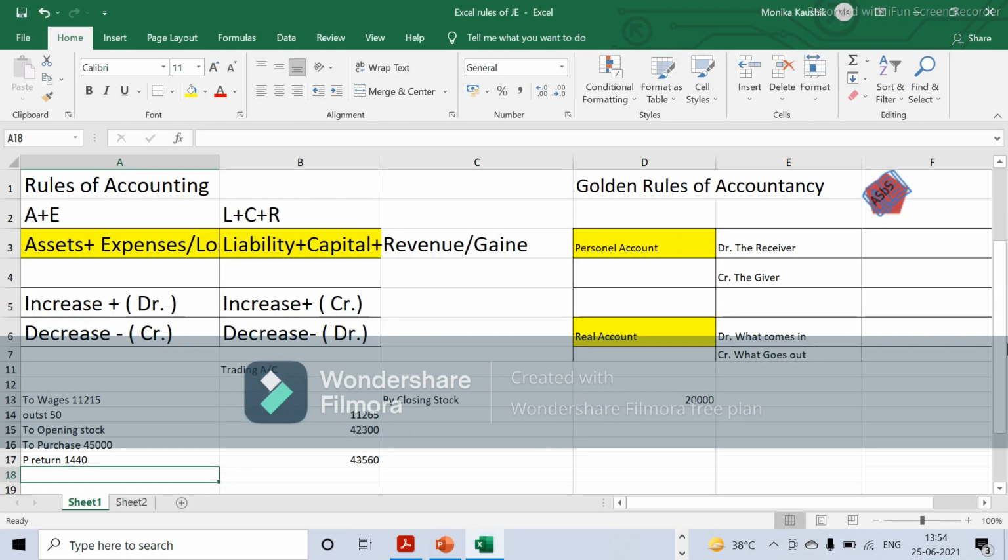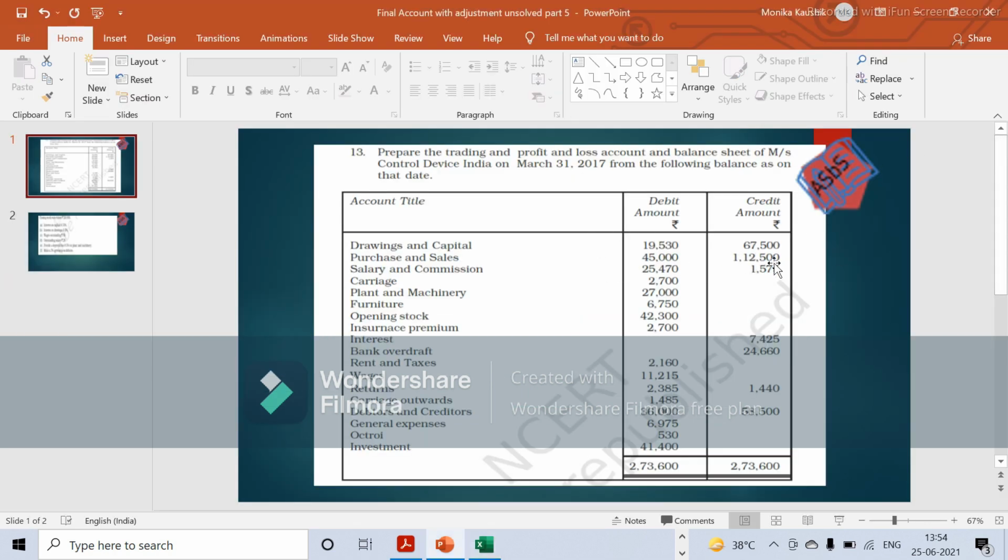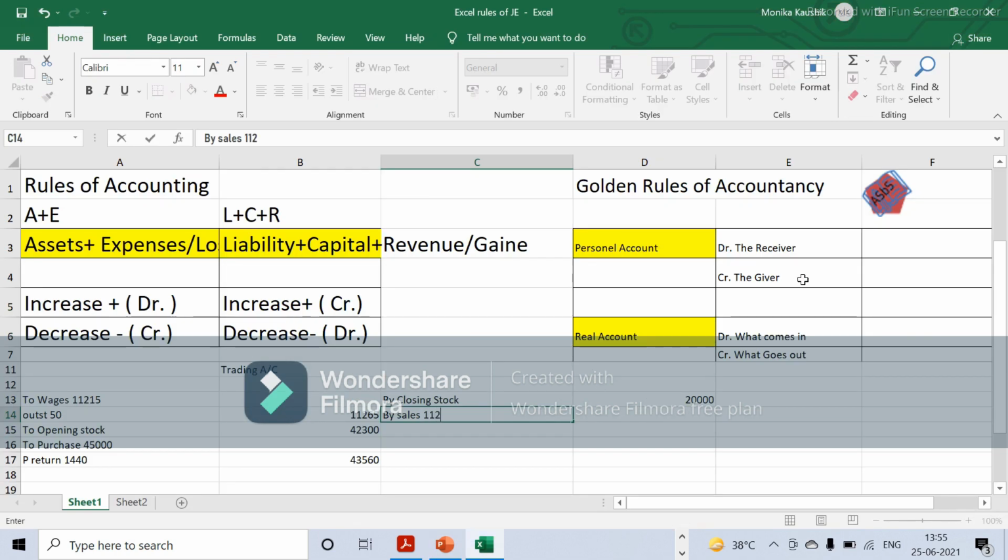Now sales. By sales, we also have to put the net balance. 112,500. Out of this we have to deduct the returns.